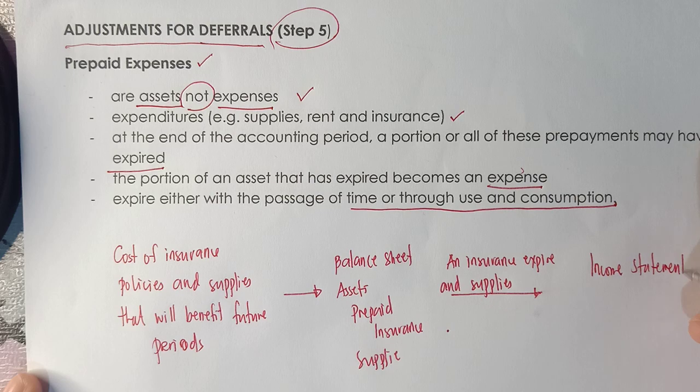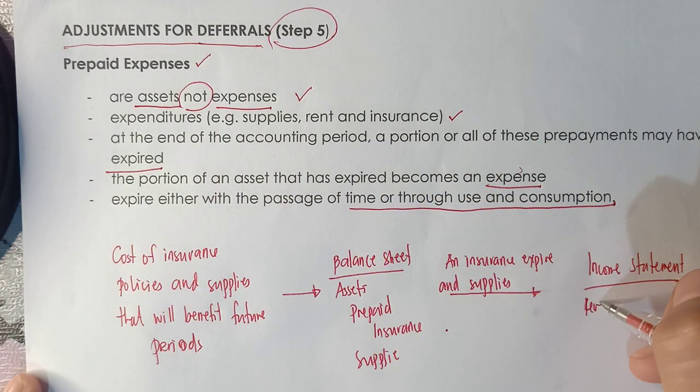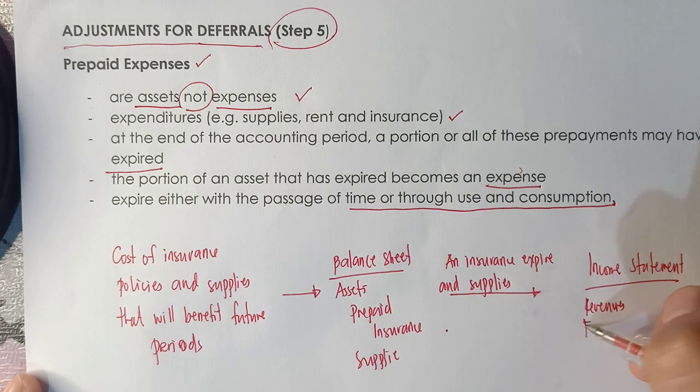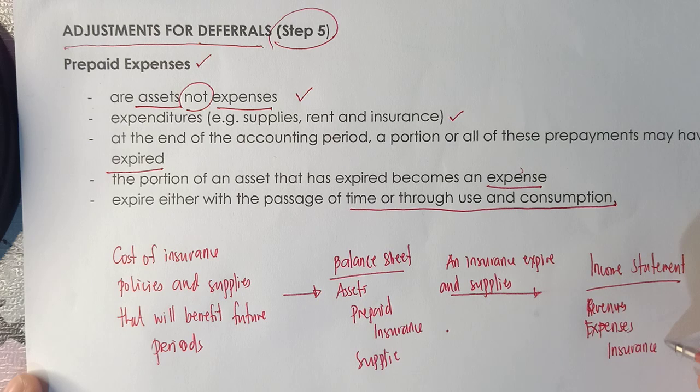Income statement under what? So we have revenues here, and under the expenses, the insurance expense and the what? Supplies expense.